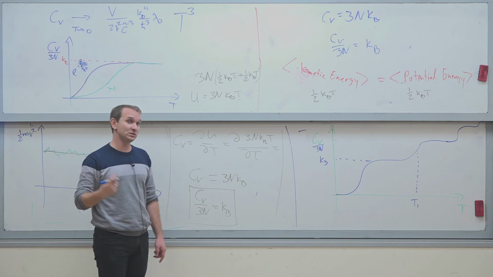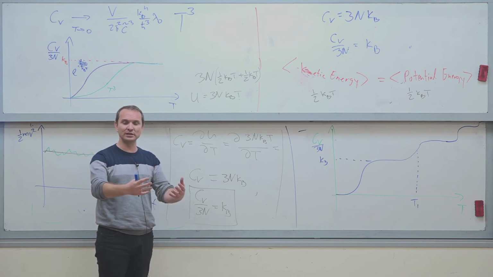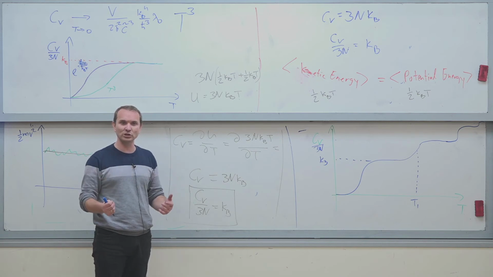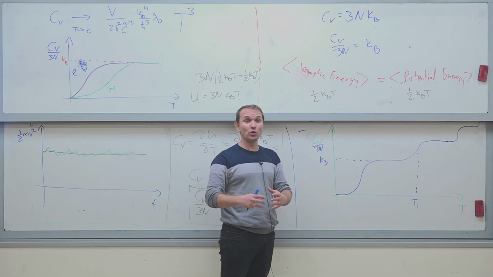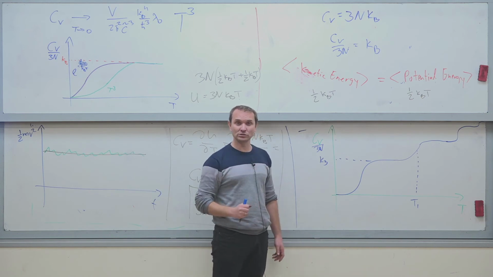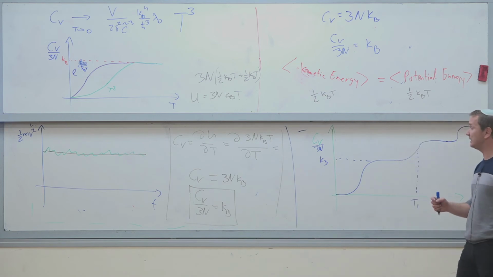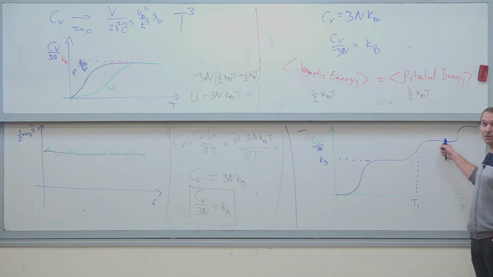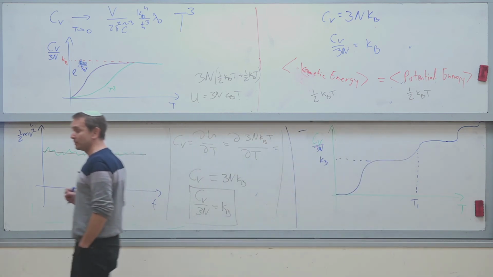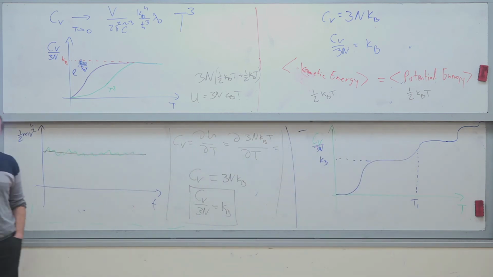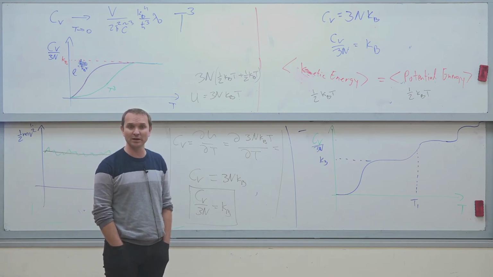Now, temperature is equivalent to energy. So at some point, I put enough energy inside the system that I can enforce vibration. I can put in more energy so I can enforce rotations. I can control different behaviors inside the system by heating it up and looking at the behavior of the specific heat. This is why it's an interesting property, because I can heat up the system, study the response, and tell you what happens inside without using a microscope.